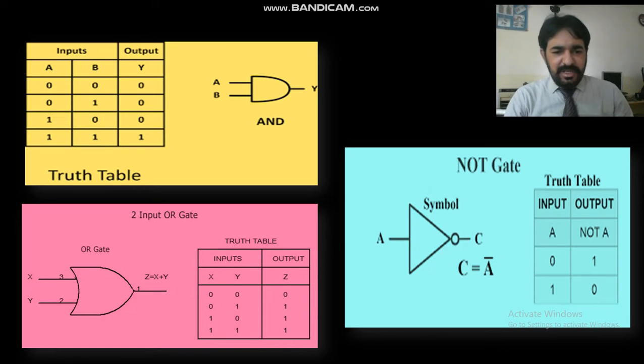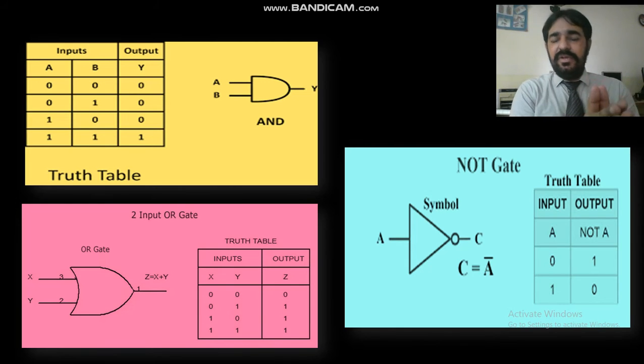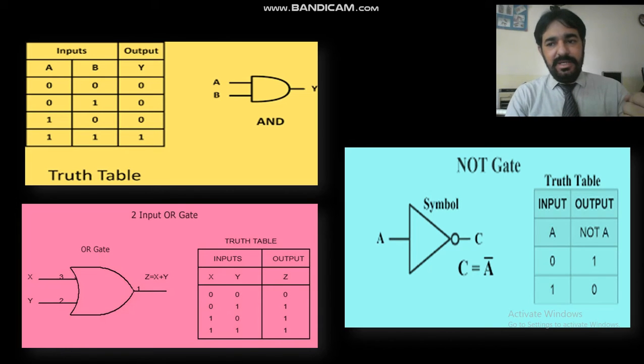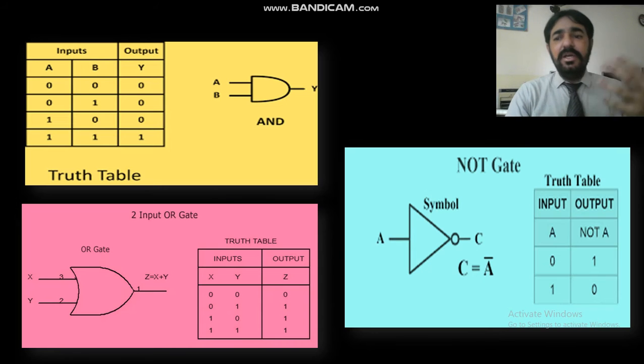Then x 0 y 0 equals 0. Then x 0 y 1 makes 1. x 1 y 0 makes 1. x 1 y 1 makes 1. So in this we add the values. In the AND gate we multiply the values, in the OR gate we add the values.